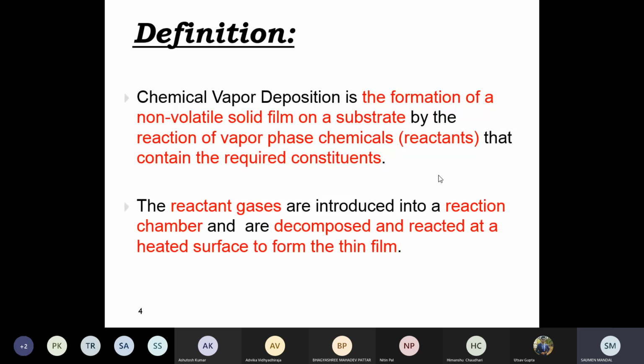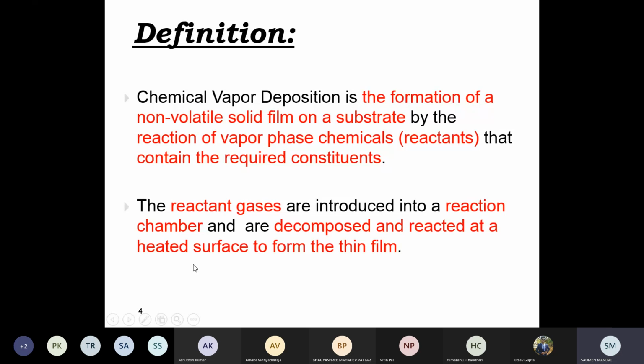The substrate will be placed in that heating zone, and that is the reason you can get a very robust or hard coating in this technique. The reactant gases are introduced into the reaction chamber and are decomposed and reacted at a heated surface to form the thin film. So this is very important, that kind of heating.